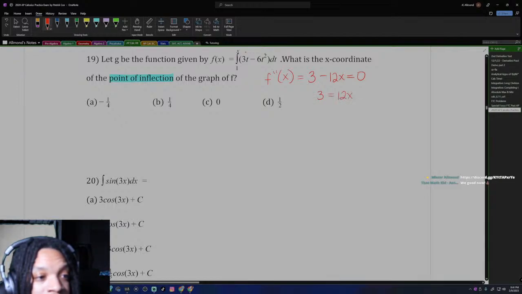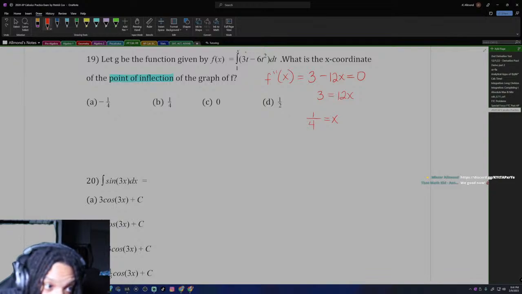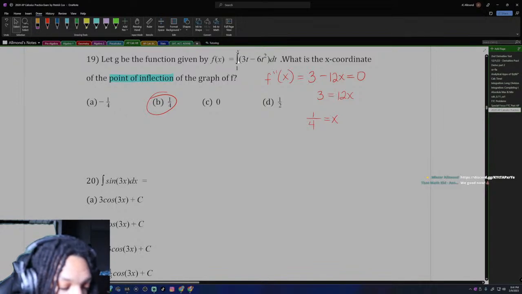But this is me adding 12x to both sides. And then if I divide by 12, I get 3 over 12, which is 1 over 4 equals x. Okay, so that is the only possible inflection point. I want to go B. All right. Let's do a couple more.